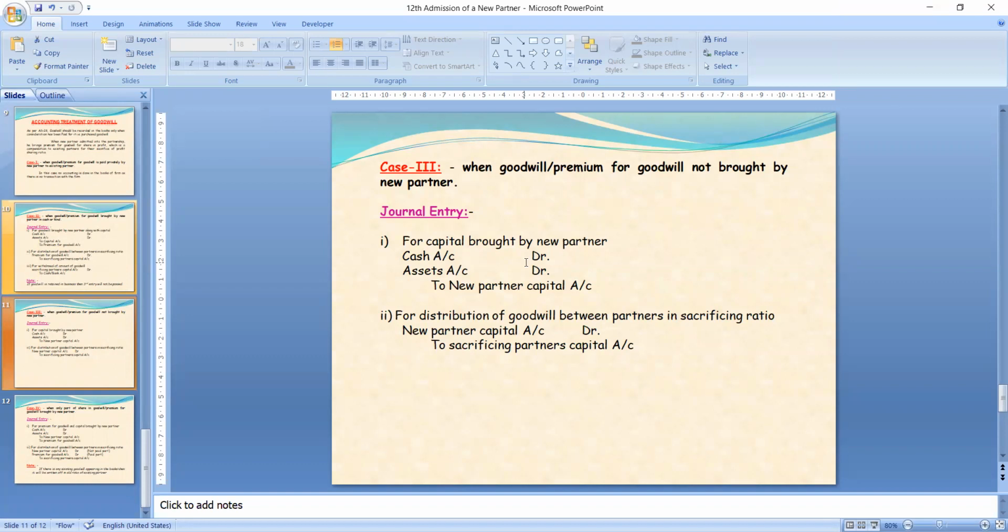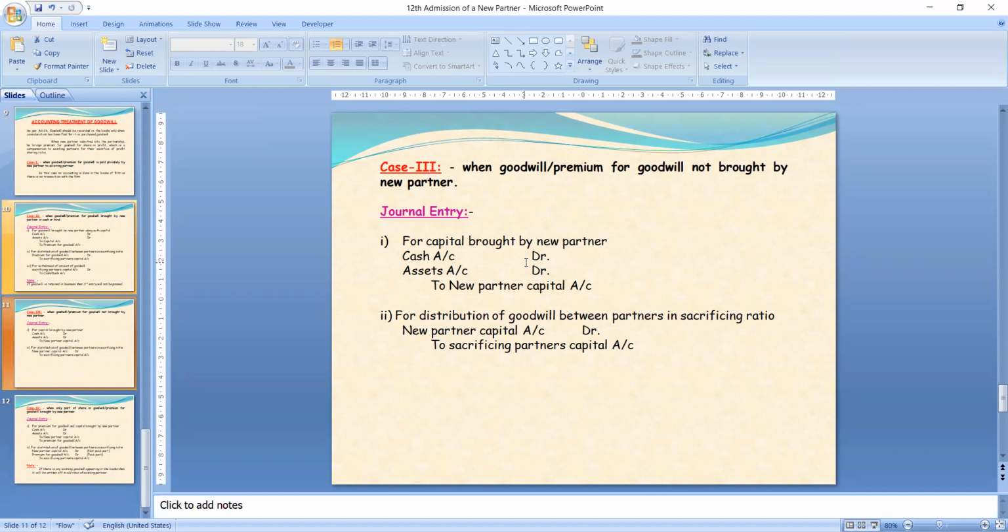But goodwill is required to be brought by the new partner, so we will deduct the goodwill amount from his capital. Say in the previous question, C brought 30,000 for capital and 25,000 for goodwill.